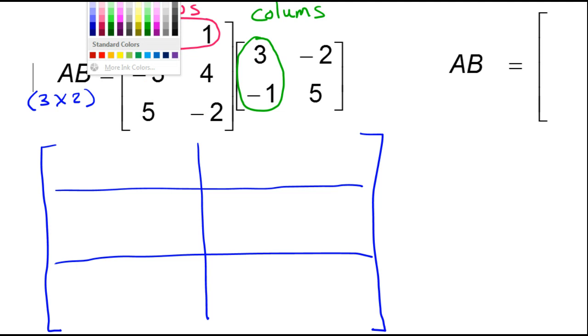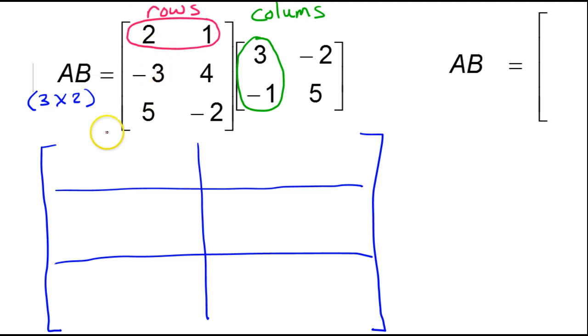In order to do this neatly, I'm actually going to write my rows and columns both vertically. I hope that doesn't throw you too much. So I'm going to take row 1, which is 2, 1, but I'm going to write it vertically just to make my calculations easier to do. But this is obviously row 1. And I'm going to multiply that by column 1. So this is 3, negative 1.